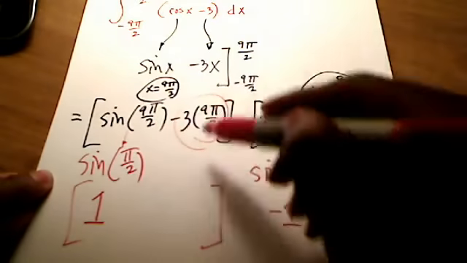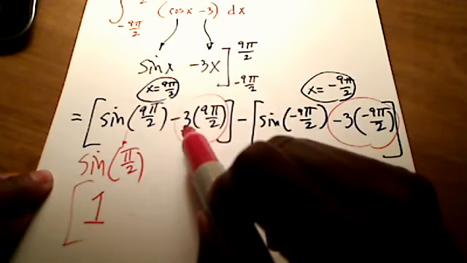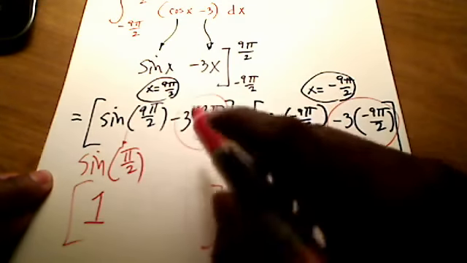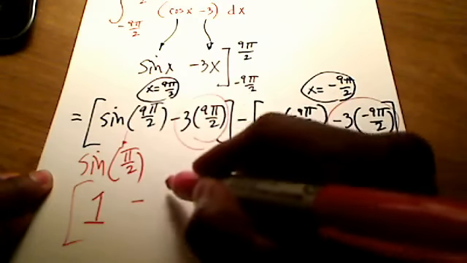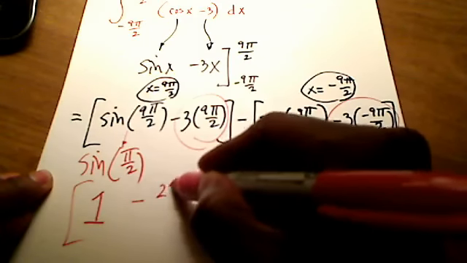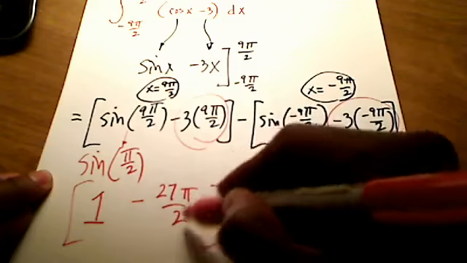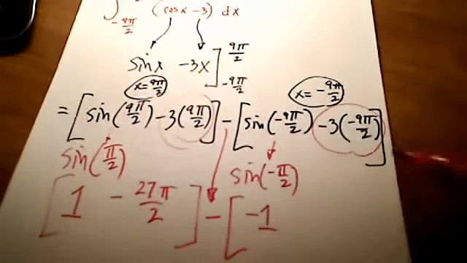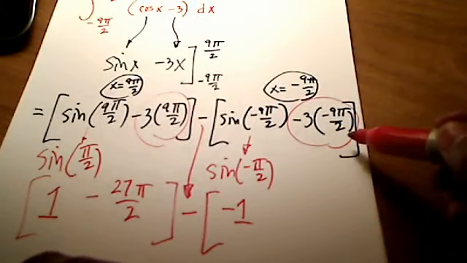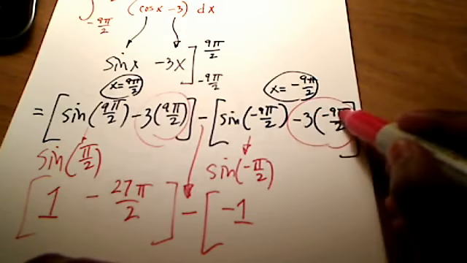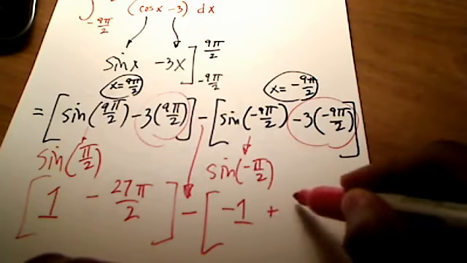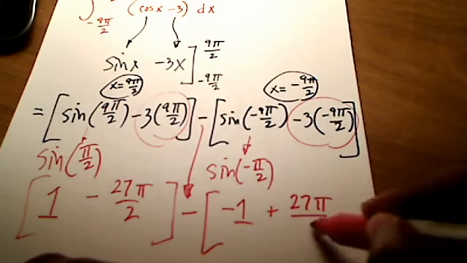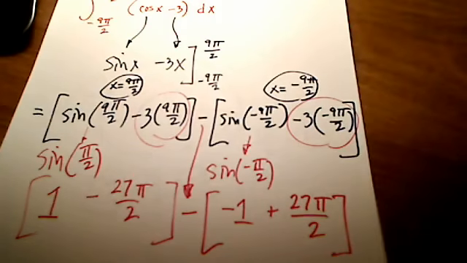All right, let's keep going here. What I have in this spot here, I'm just going to multiply 3 times 9 since they're both in the numerators, and I've got a negative 27 pi over 2. Likewise, I'm just going to bring that minus sign on down. For this one here, I've got a negative 3 times a negative 9 in the numerator, so that's a positive 27 pi over 2.